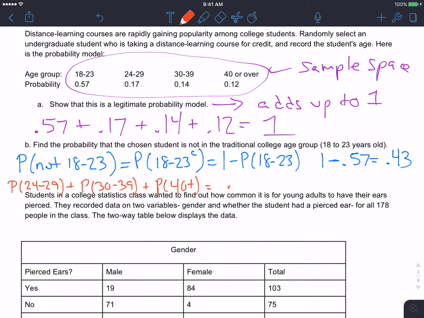And that would be 0.17 plus 0.14 plus 0.12, and sure enough that gives you 0.43. Both of those ways do work. It is whatever and however you feel most comfortable with.